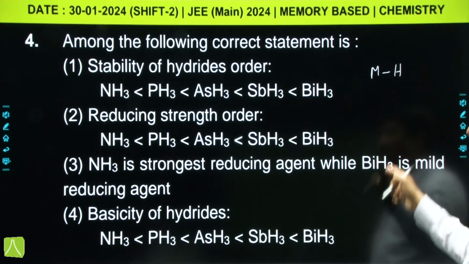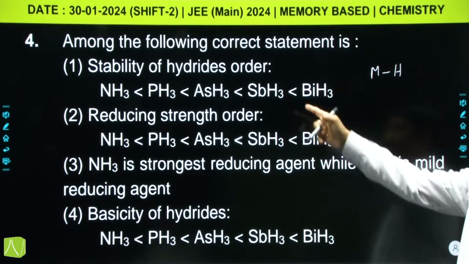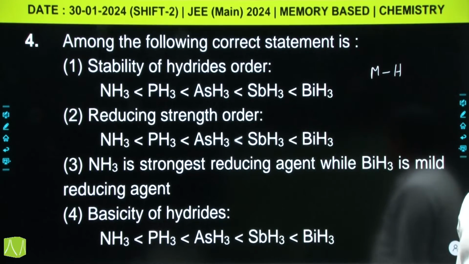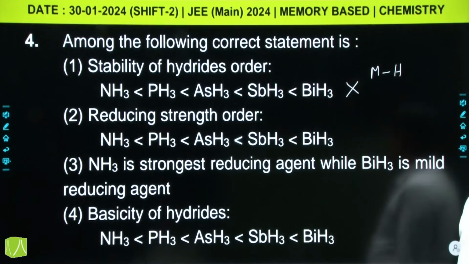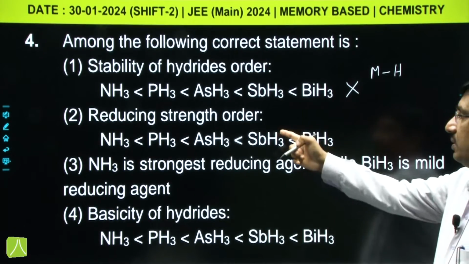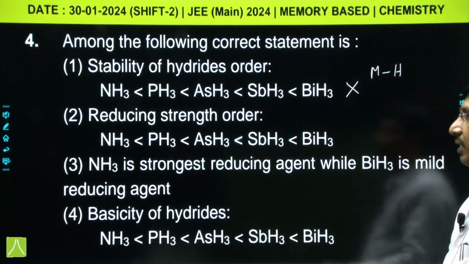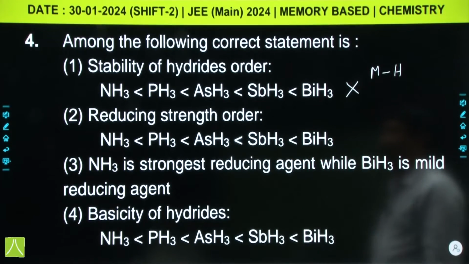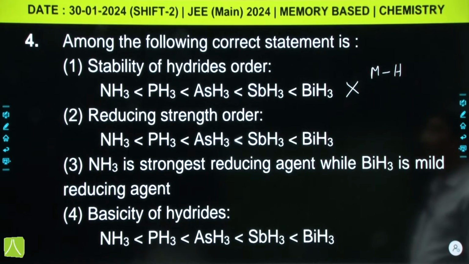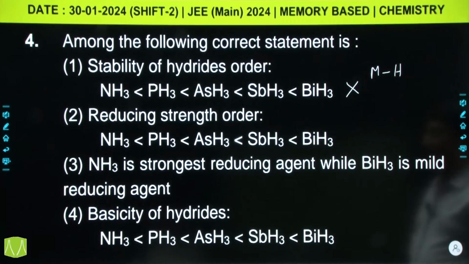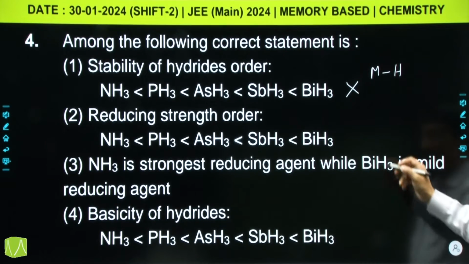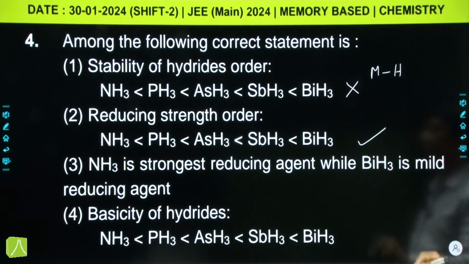So, stability decreases, but here the given order is increasing order. So, this order is wrong, and the reducing strength order is increasing. Here NH3 less than PH3 less than AsH3 less than SbH3 less than BiH3. Yes, it is the correct reducing strength order of hydrides.